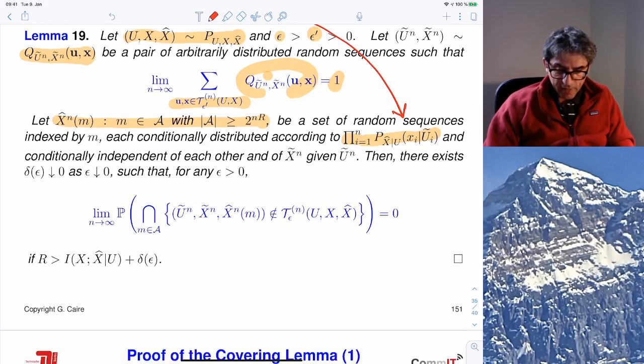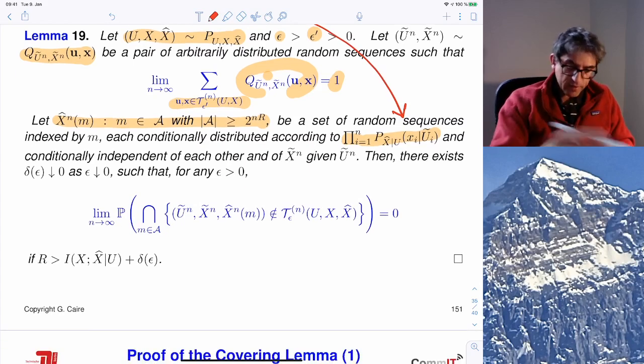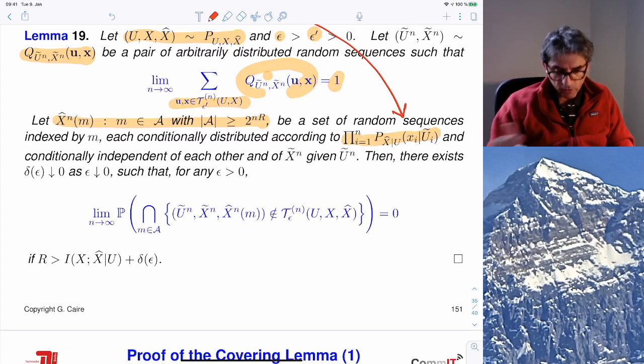So the statement says that there exists a delta vanishing when epsilon goes to 0, such that for every epsilon greater than 0, the limit of the probability of the intersection over all m of the events that u tilde, x tilde, and x hat m are not jointly typical is 0 if the set A is large enough.